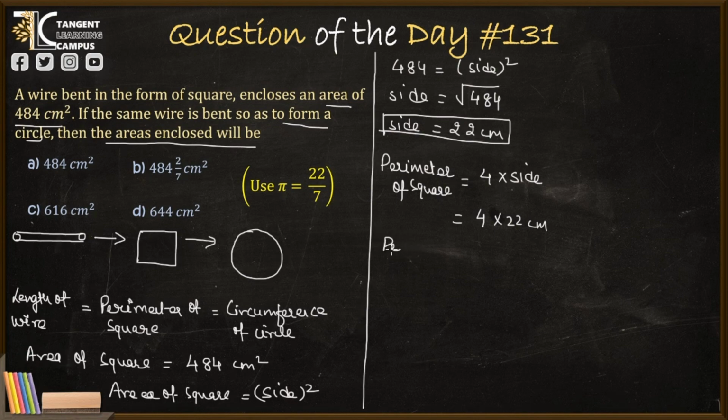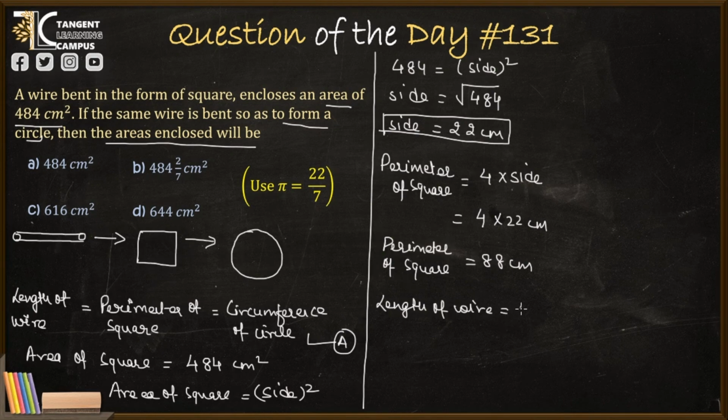So from here we get the perimeter of square is equals to 88 centimeter. Let us mark this as A. In equation A we have already mentioned that length of wire is equals to perimeter of square. So that means length of wire is equals to 88 centimeter.